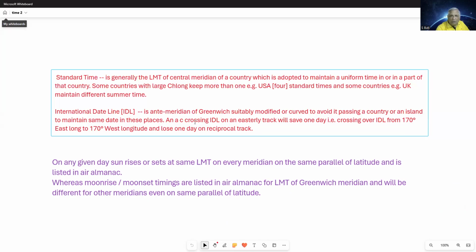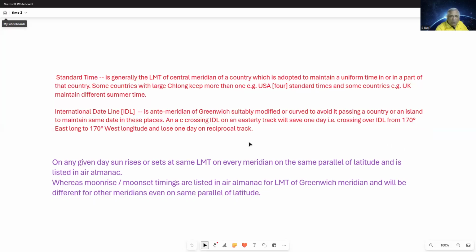An aircraft crossing the International Date Line and flying on an easterly track, that means anything 090, 050, 140, these are all easterly tracks, or crossing from 170 east longitude to 170 west longitude, will go into the previous day, or we can say gain one day.